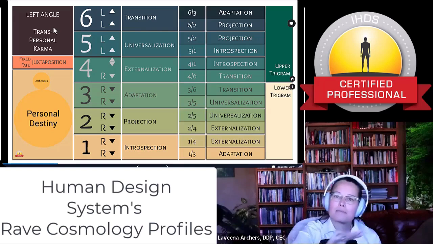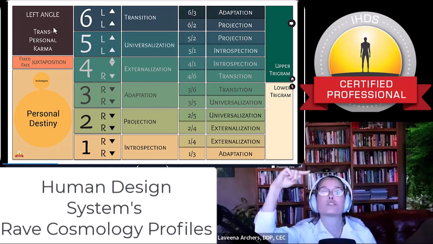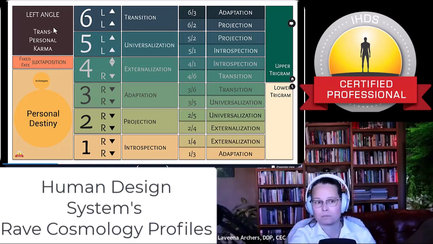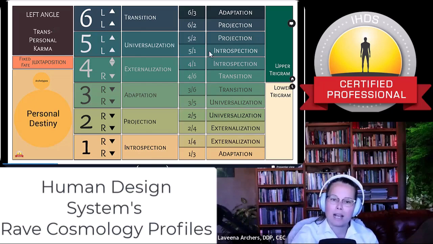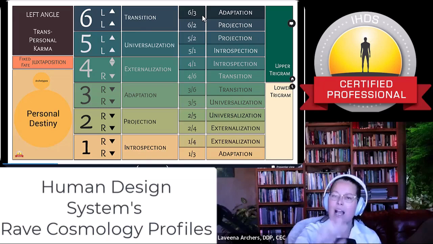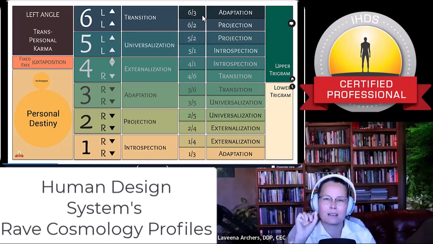When we're talking about left angles, we're talking about action from past lives that you're here to clean up karma with specific people. Okay, so that's the 5-1, 5-2, 6-2, and 6-3. Those people who are 5's personality or 6's personality have a karmic fulfillment of purpose with very specific people.